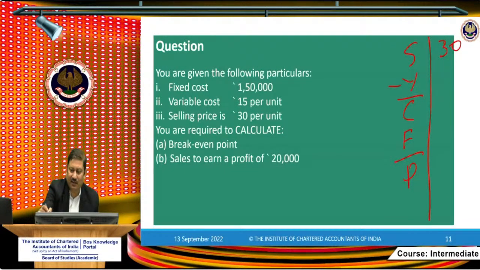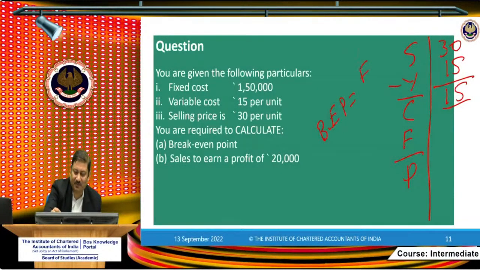Then what is the variable cost? It is 15. So what is the contribution? Contribution is 15. So what is your total contribution? 15 into... okay, fine. It is not required because we need to calculate the break even point. So how will we calculate the break even point?